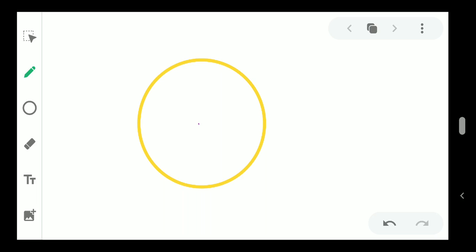A circle can be drawn from a single point from which the distance is the same. This much is same, this much is same, this much is same.